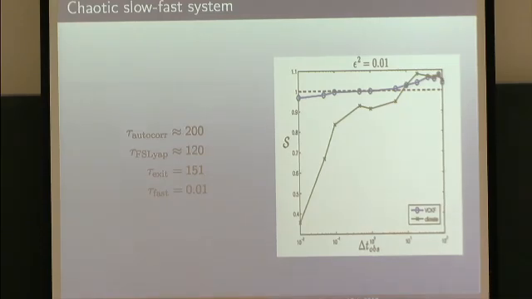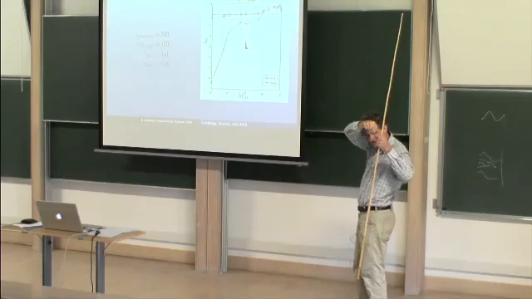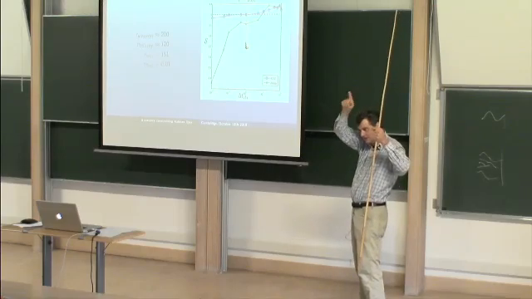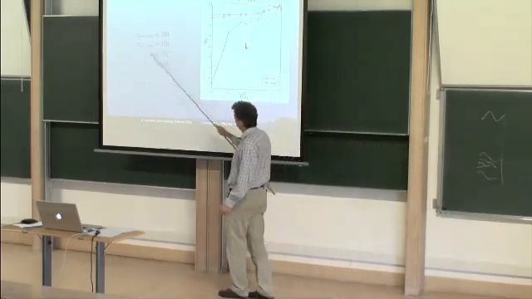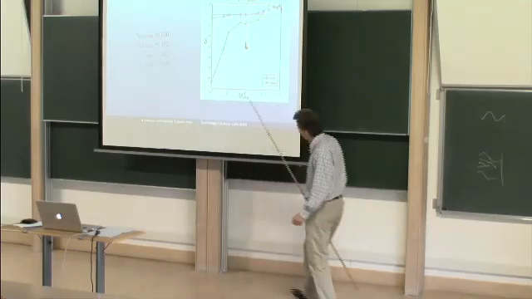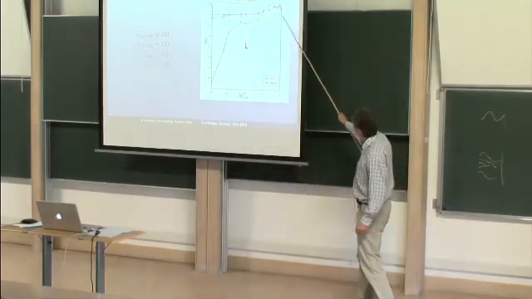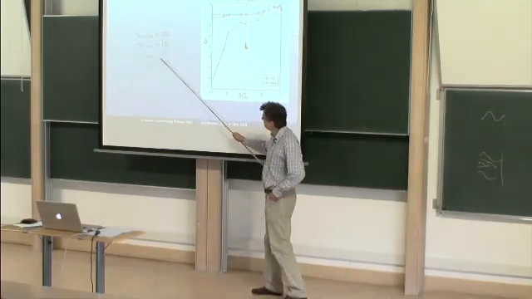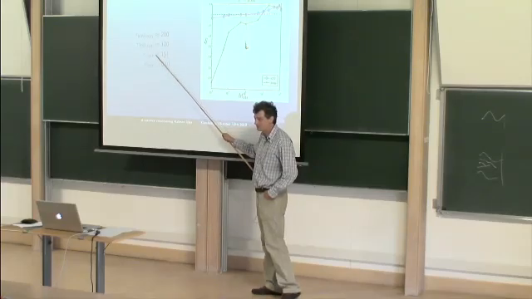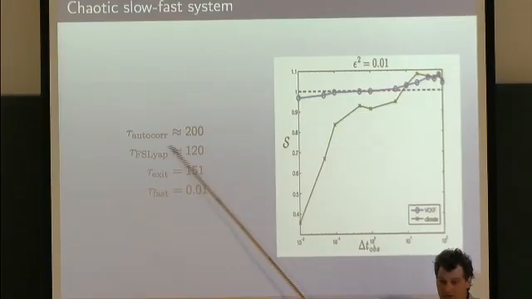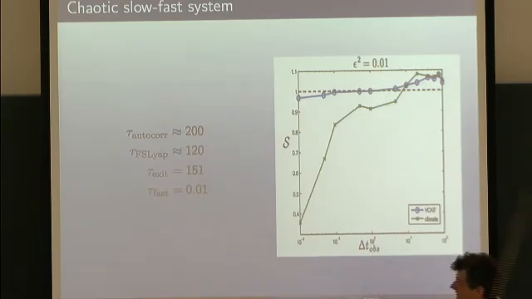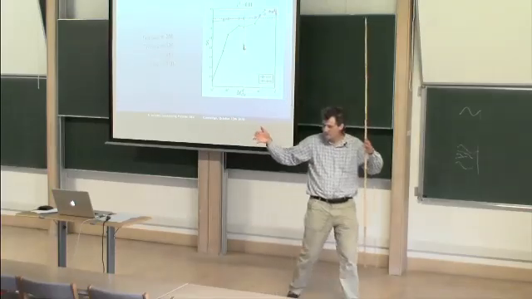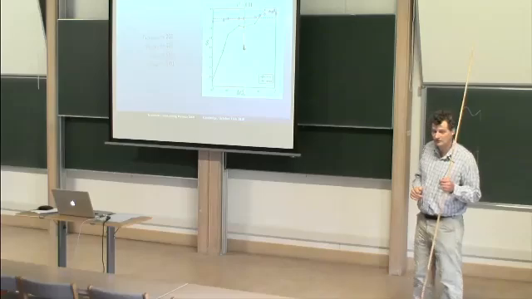Remember, this was this double potential, so you can analytically calculate the average time it takes to hop from one well to the other. That's about 151, also around here. So you don't want to be too much larger than those two times, but you want to be of the same order. This is the range of mean exit times or finite size Lyapunov exponents where we see a skill improvement of our system.